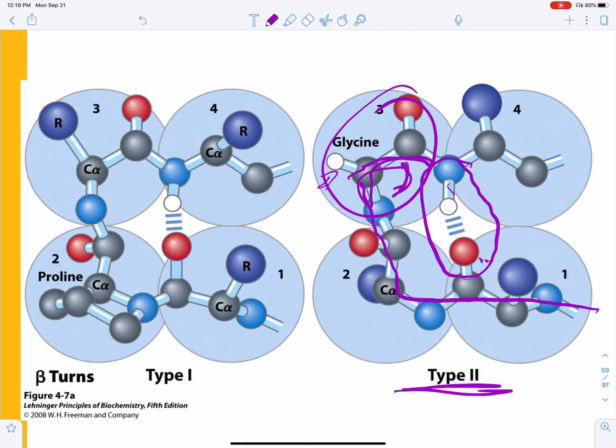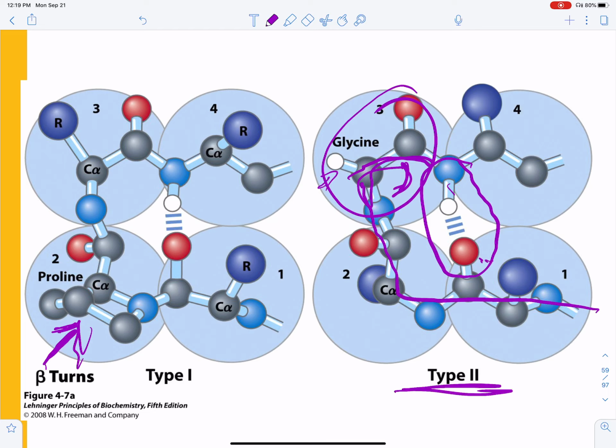The other one uses a proline. And remember, proline's R group actually comes back around and links up with the nitrogen, right? And so it puts a conformational constriction on the polypeptide chain. Now, here, this uses a proline in cis. And remember that 99% of amino acids have their R groups in trans with the backbone.